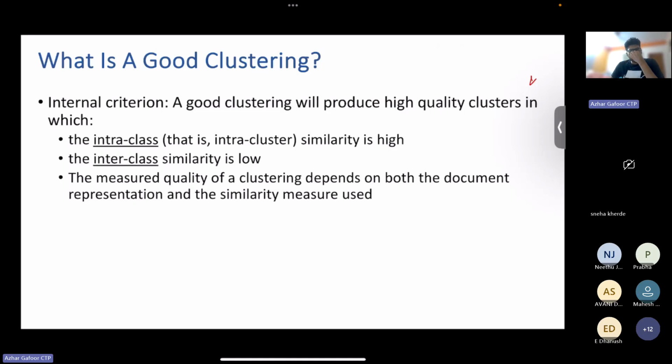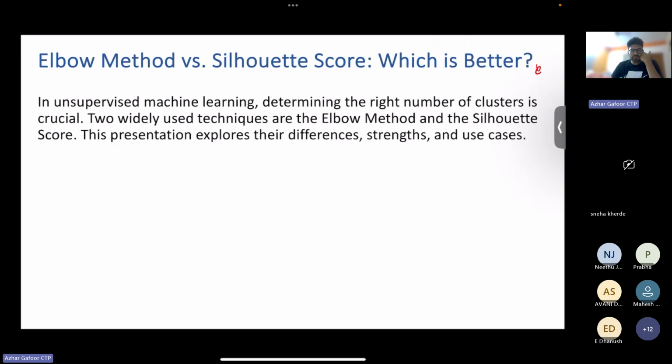Now we have one more method which can be used to understand good clustering. That is called the Silhouette score. So one was the elbow method that we have already discussed. Then the next one is the Silhouette score.